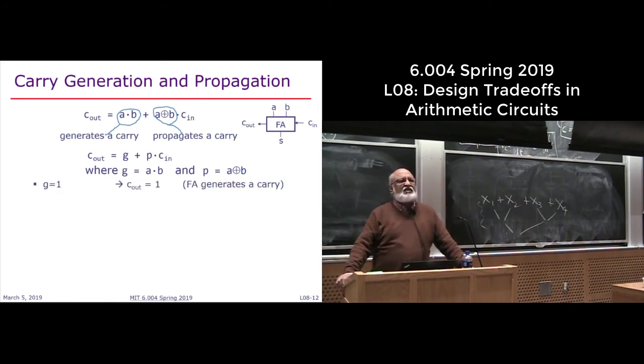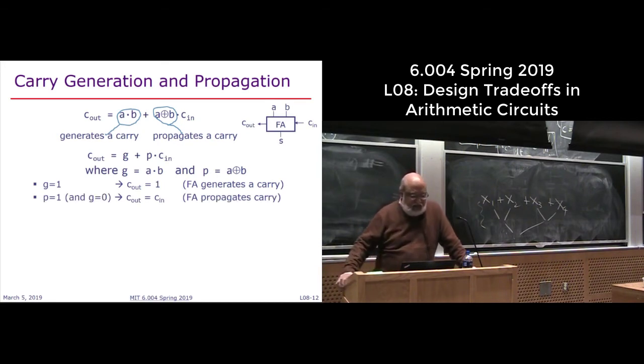Okay. Now just to reinforce again, why do I call it generate? If G is 1, then C out is guaranteed to be 1, regardless of what C in is. And if P is 1, then C out is going to be the same as Cn in this case.